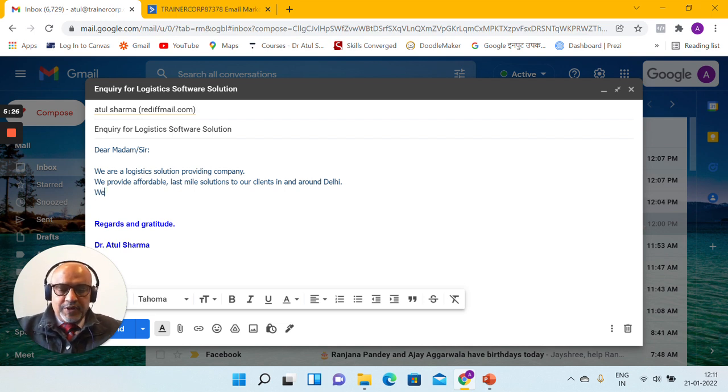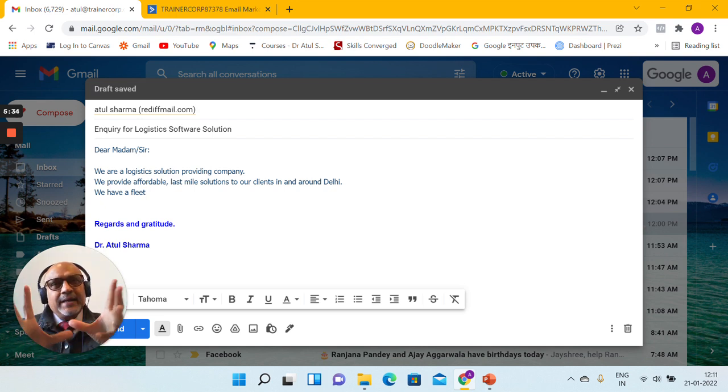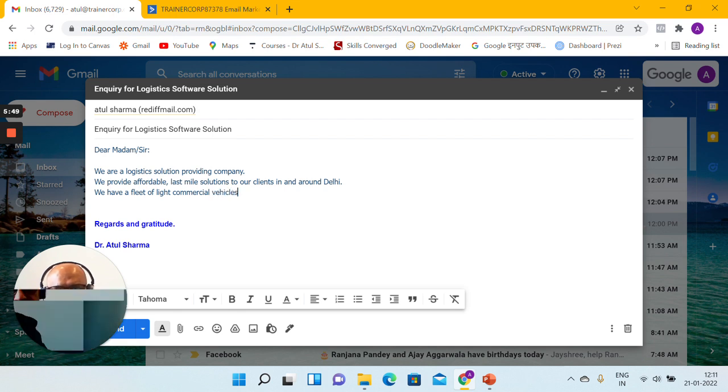Now, we have a fleet. Fleet is a collection of vehicles. It can be ships also. So a fleet of light commercial vehicles.